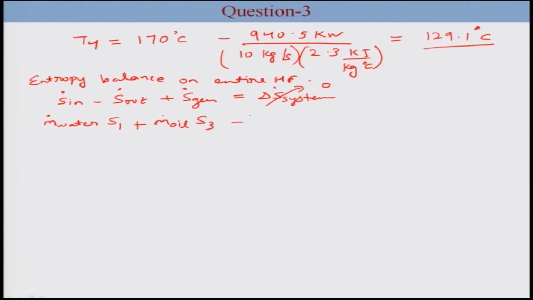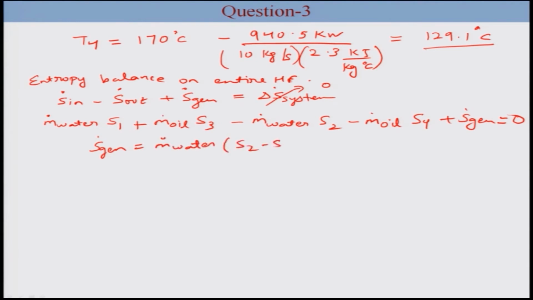Streams which are leaving: m dot water multiplied by S2, and because of oil it is m dot oil into S4, plus S dot gen. So, this is equal to 0. From here the rate of entropy generation is equal to m dot of water multiplied by (S2 minus S1) plus mass flow rate of oil multiplied by (S4 minus S3).